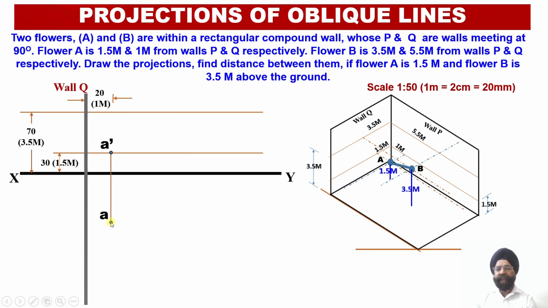Now once we know that A dash is located over here, we can locate the coordinate location of the point A when we are able to draw this particular wall. So please check, once we draw this wall P, we know that this is the top view of the wall P over here.